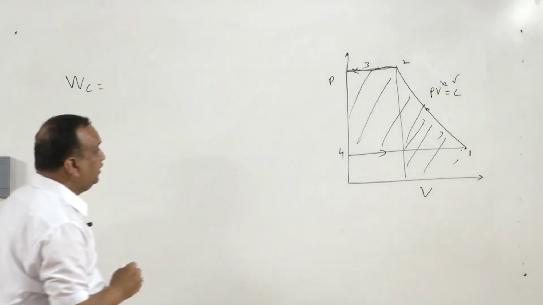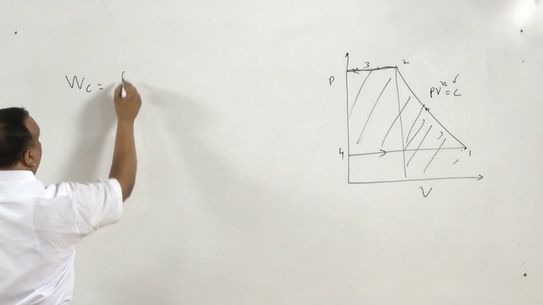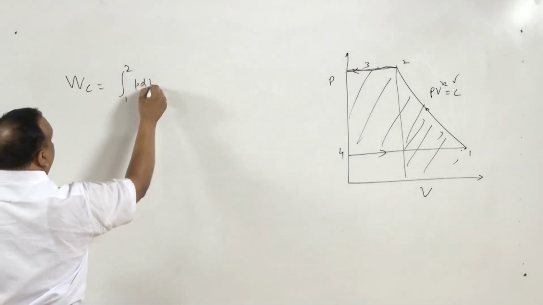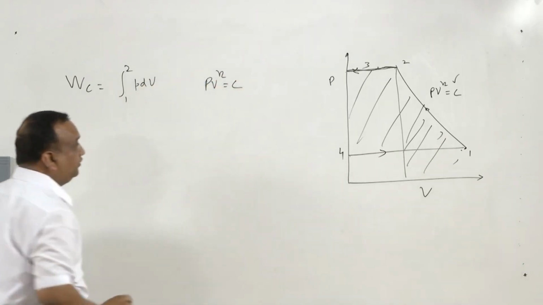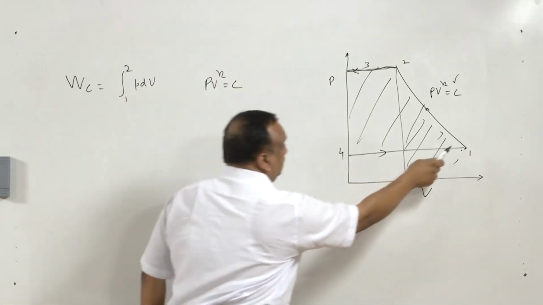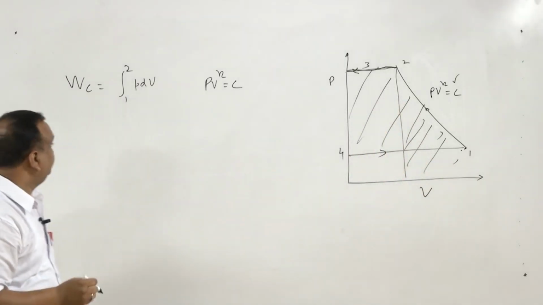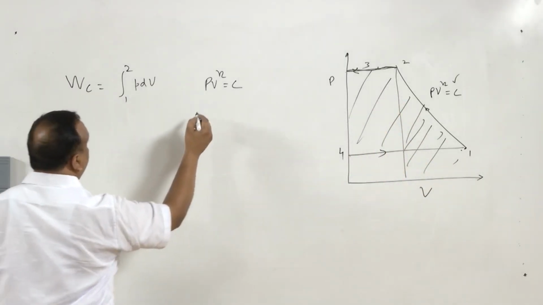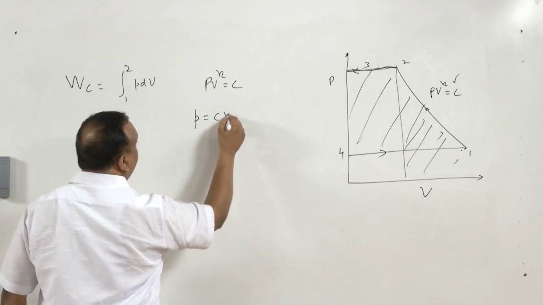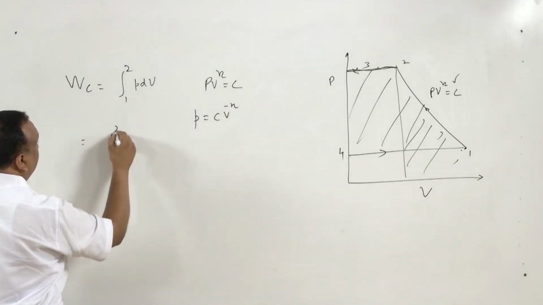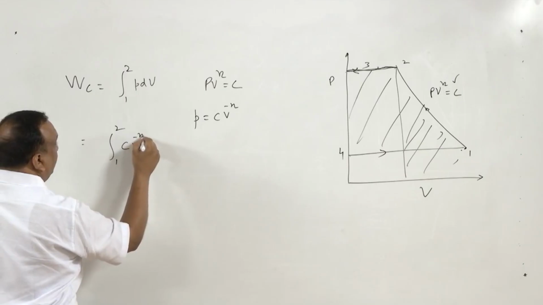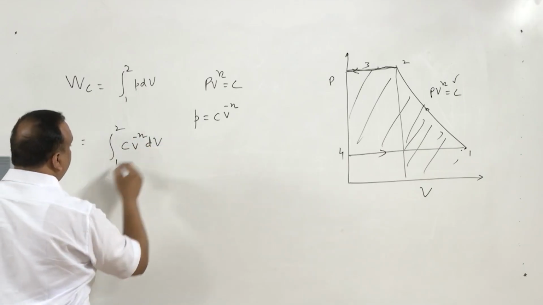So, area under 1-2 is nothing but integral 1 to 2 of P dV, where PV raised to power n is equal to constant, because during process 1 to 2 the system behaves as a closed system. So, P is equal to C V raised to power minus n. Putting this value here, we get C V raised to power minus n dV.